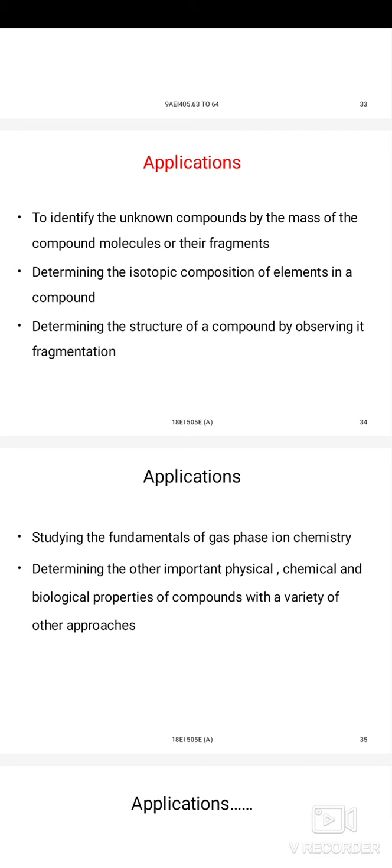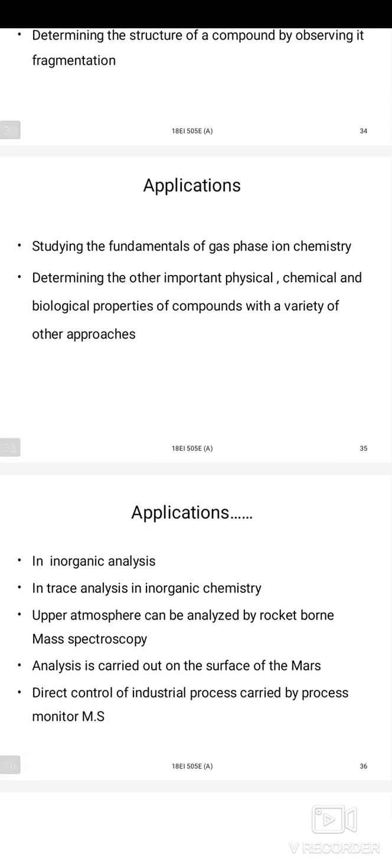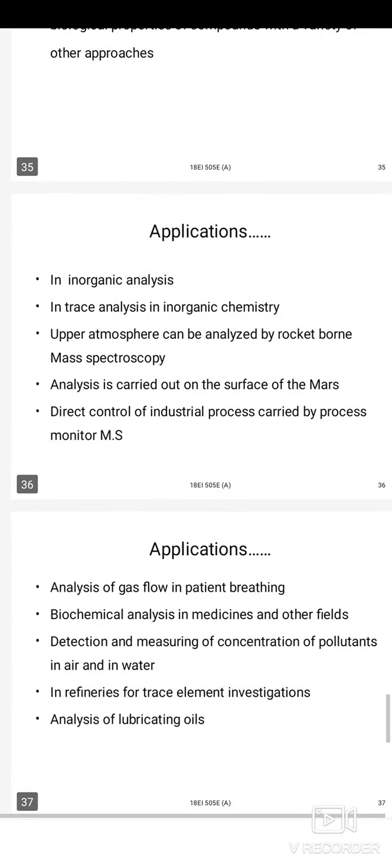Determining the structure of a component by observing its fragmentation. Studying the fundamentals of gas phase ion chemistry. Determining other important physical, chemical and biological properties of the components with a variety of other approaches.